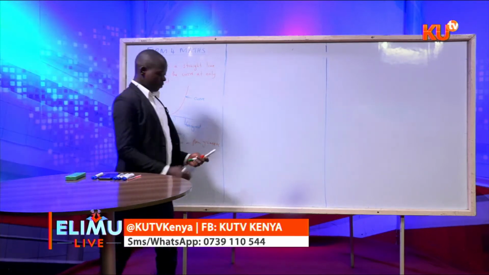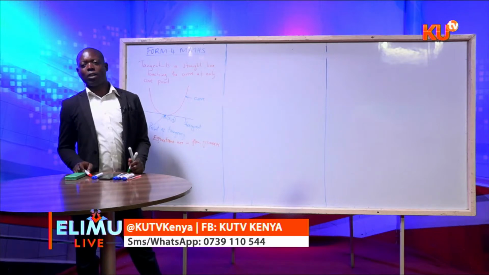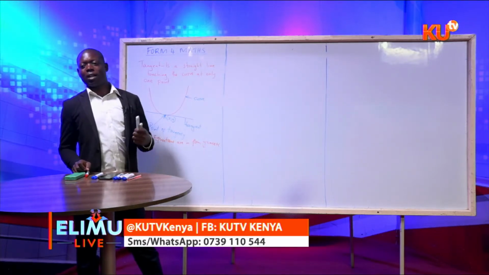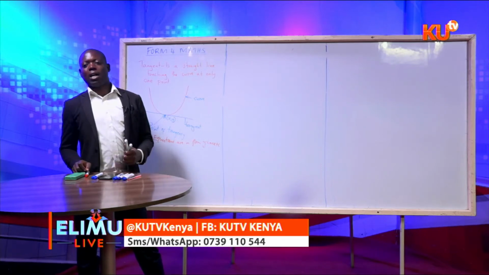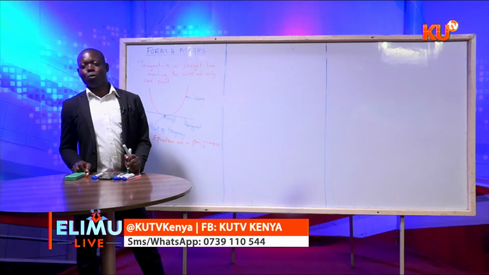So therefore, students, what will we do in order to determine the equation of the tangent? We shall be given the curve and be asked to determine the equation of the tangent. What will be the procedure?